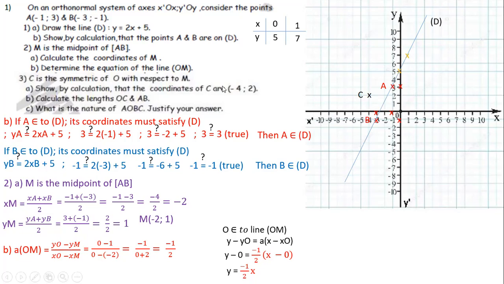What should they be after finding them? They should be minus 4, 2. Okay, from where should we start, Mariam? We should start, as Sarah said, M is the midpoint of OC. So since C is the symmetric of O with respect to M, we should write M is the midpoint of segment OC.